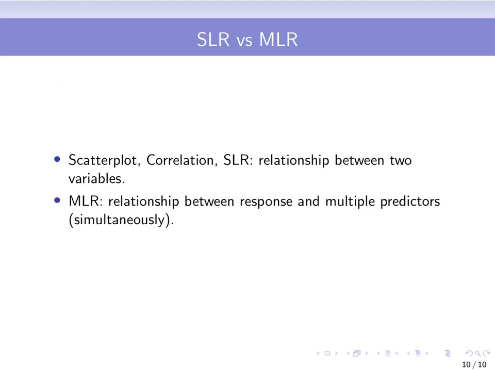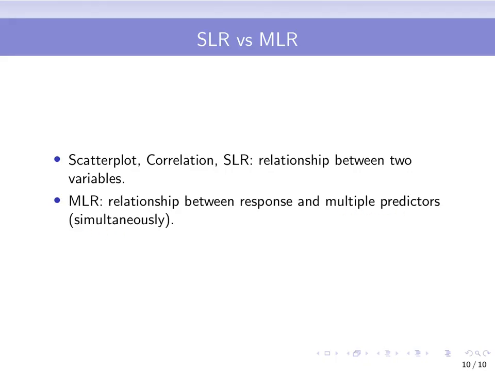So just a quick summary about goals and purposes of simple and multiple linear regression. Simple linear regression, scatter plots, and correlation all explore the relationship between two variables, and only those two variables, without taking into account the impact of other variables. With multiple linear regression, we're exploring the relationship between the response variable and multiple predictors simultaneously.